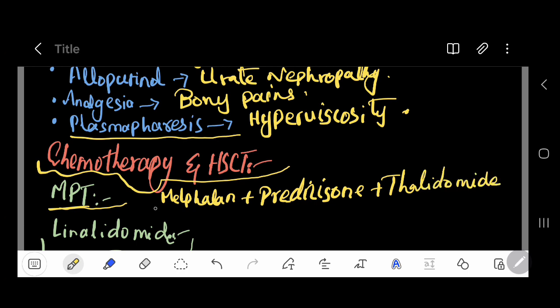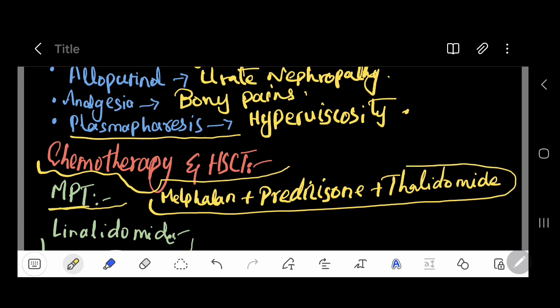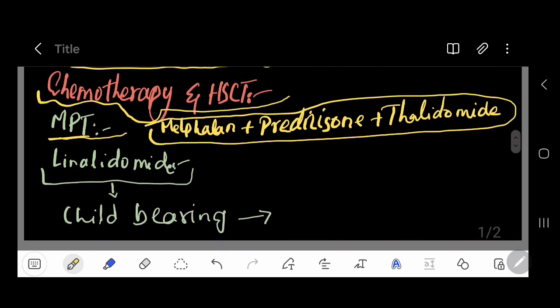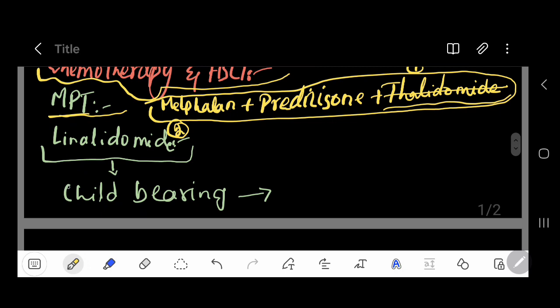This triple therapy is mostly used for older people. If a person can't tolerate thalidomide, then we can use lenalidomide instead. You should remember that thalidomide and lenalidomide are given cautiously in childbearing women, and if used, they should use contraception.